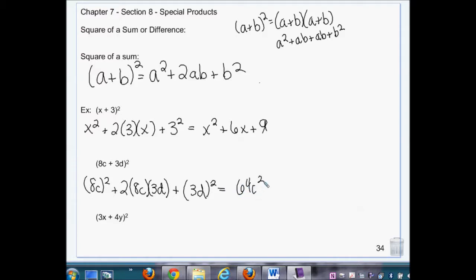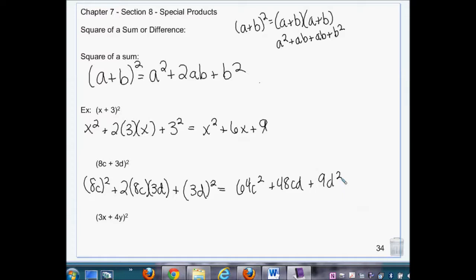And then I say, okay, 8 times 3 is 24 times 2 is 48, and then CD, because there's a C and a D there. And then 3D squared is 9. Where did that 2 come from? Pattern. 2 times the first thing times the second thing.